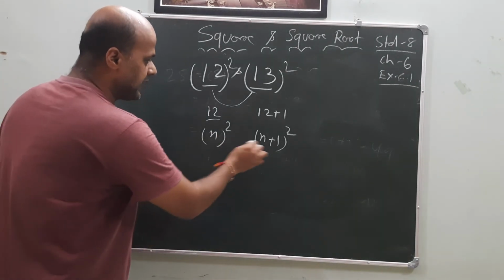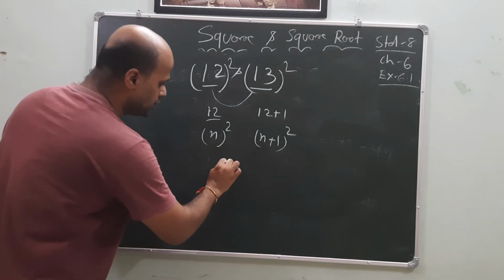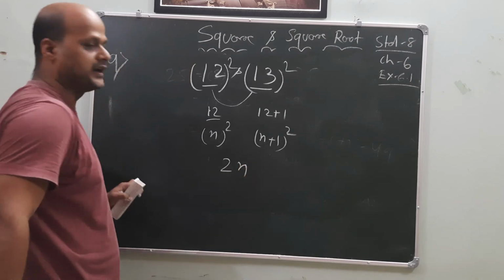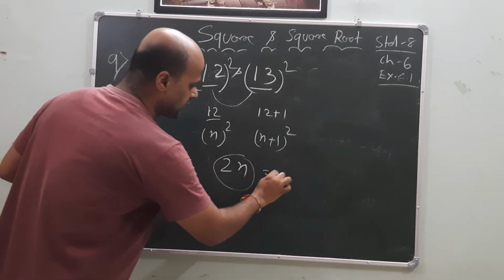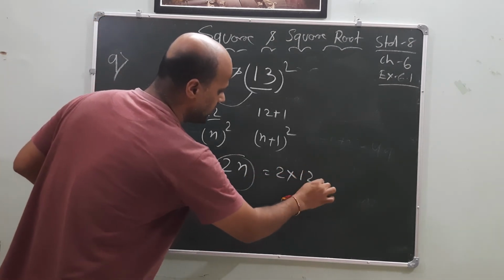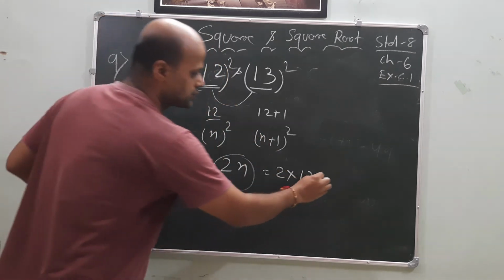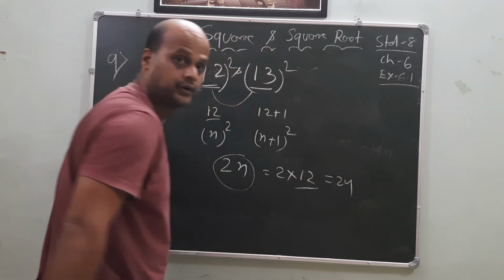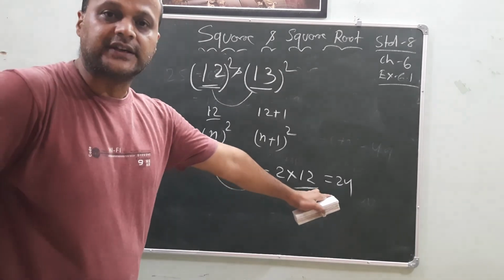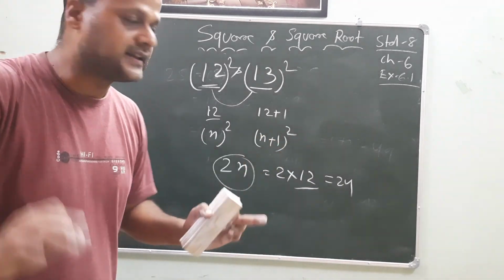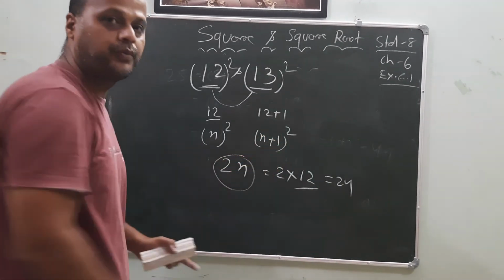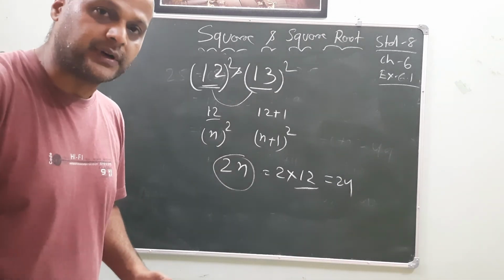If a question like this is there, you have to write the formula 2n. Means what? 2 times the preliminary number. Preliminary number is what? 12. So I will say 24. 24 numbers are lying between the squares of these two numbers.